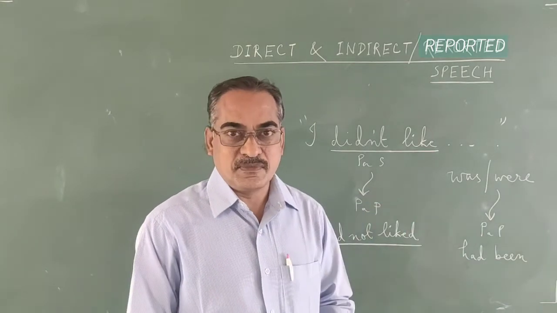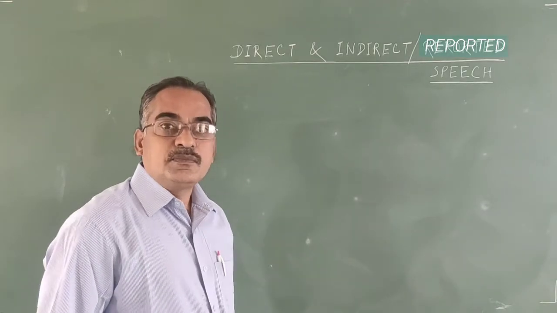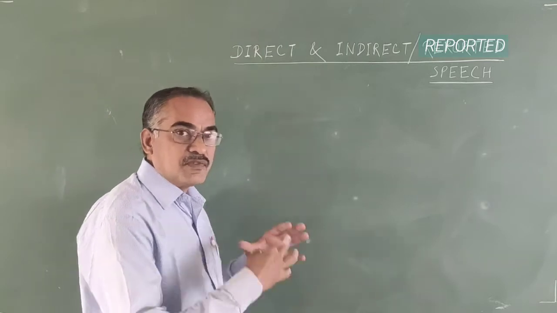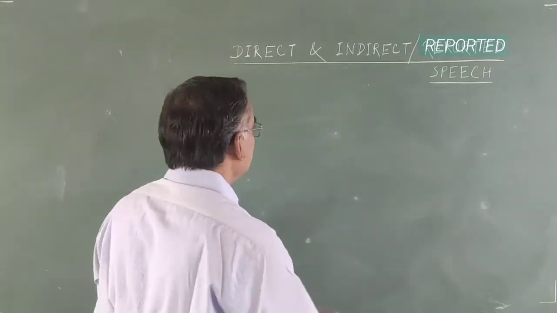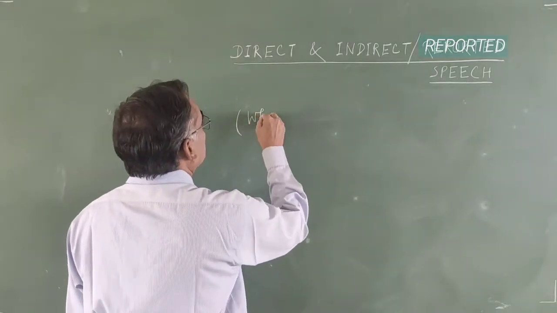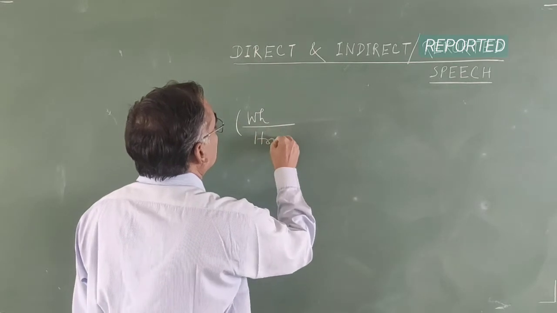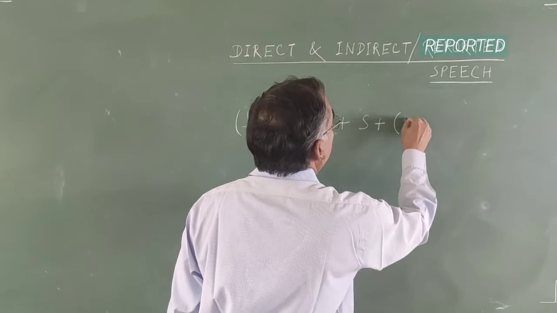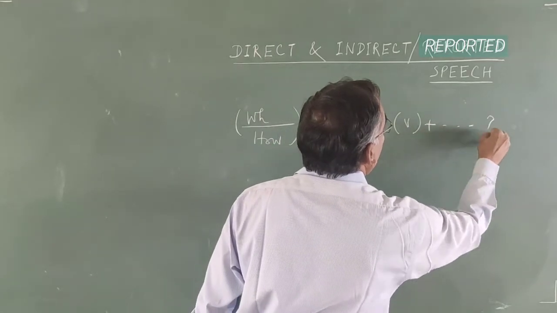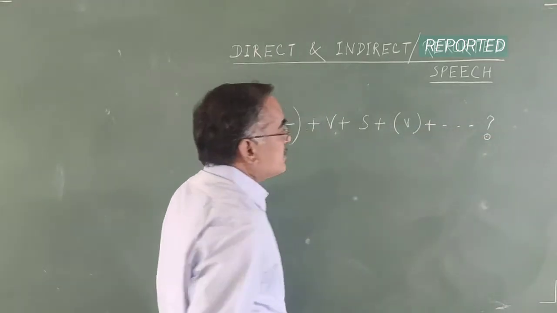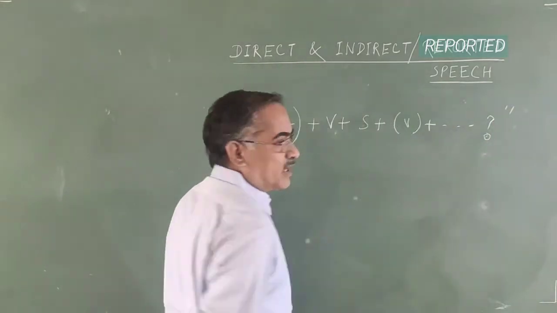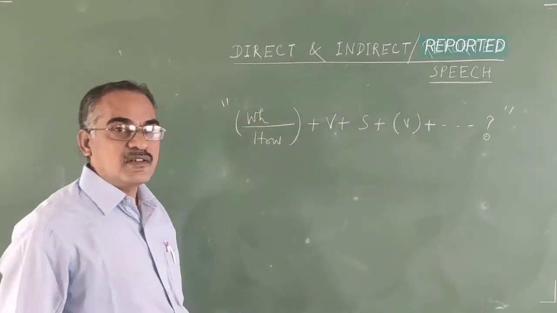Now we are moving on to interrogative type. For interrogative type, let me give you the illustration here. So, whenever we find a direct speech like this within quotation, it's going to be a question.